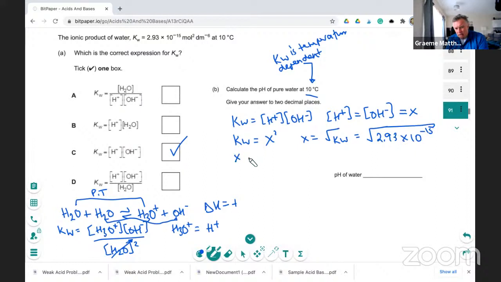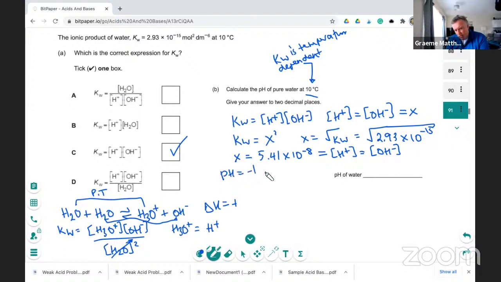So X is equal to the square root of 2.93 times 10 to the negative 15, and I get 5.41 times 10 to the negative 8, which happens to be equal to the H plus concentration, which is equal to the hydroxide concentration. Yeah, I know I'm being nitpicky about what X actually means.